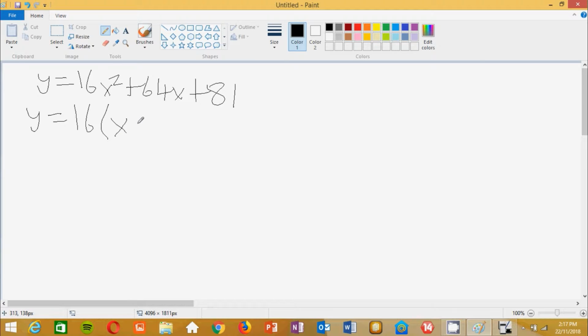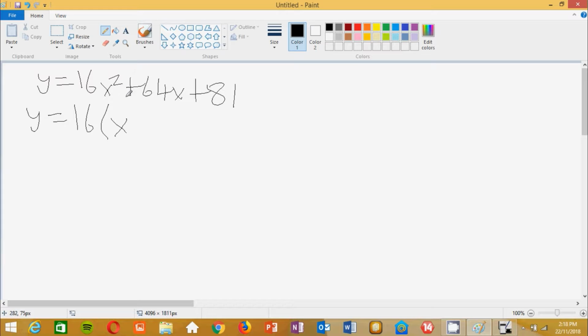Now the next step in completing the square, if you remember, is you are going to look at the coefficient of x. In this case it's 64, and then you're going to divide that by 2, and then you're going to divide that by 16. So if I take my Casio calculator, 64 divided by 2 gives me 32, divided by 16 gives me 2.